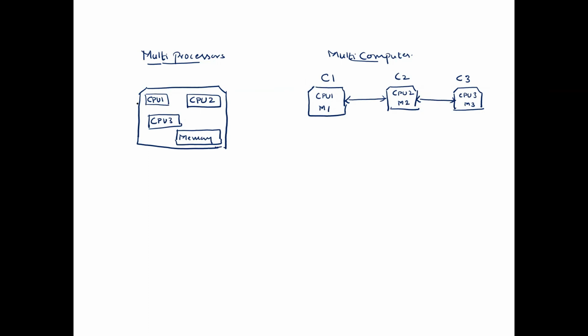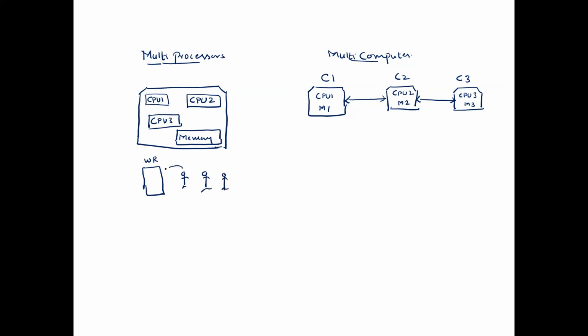Now, if you look at this arrangement in multiprocessor, you have multiple CPUs but a single memory. When CPU 1 is using the memory, CPU 2 and 3 cannot use the memory, right? We can give an analogy to understand this. There is a washroom, and persons 1, 2, and 3.